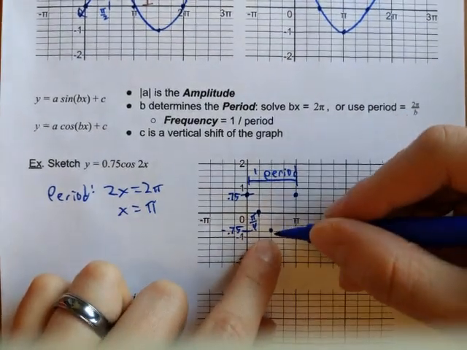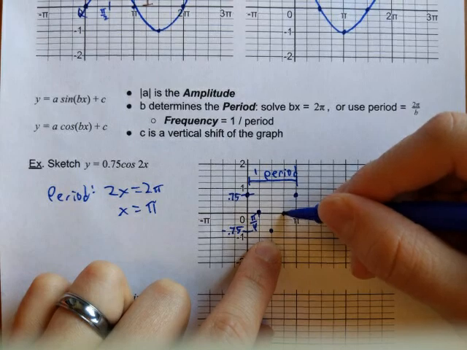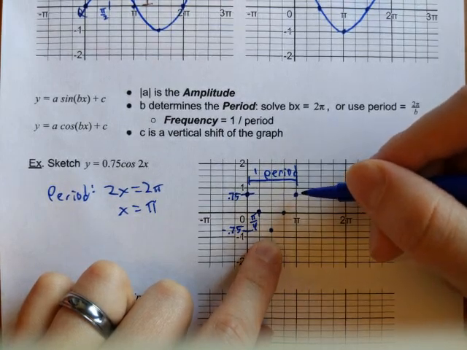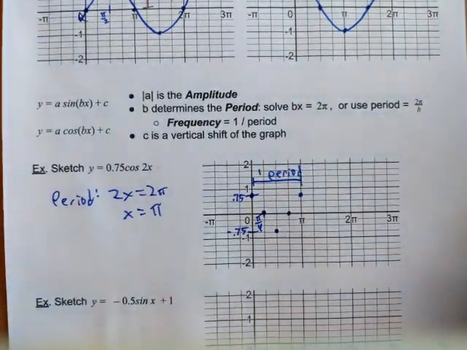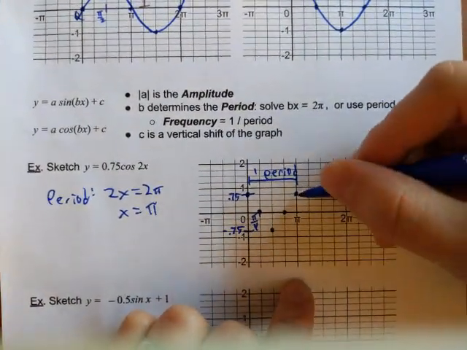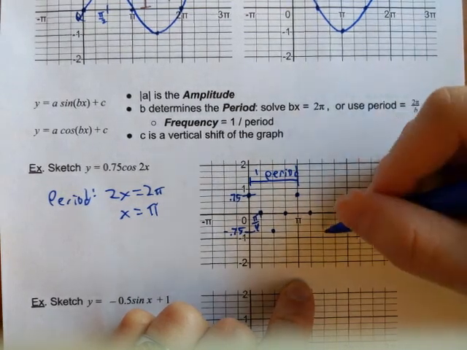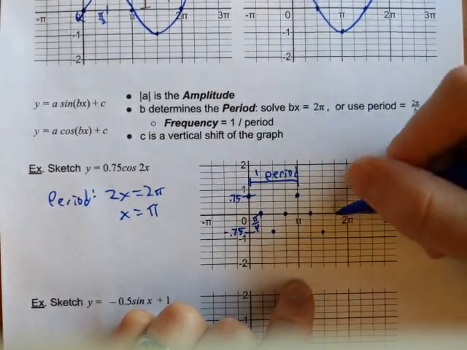All right, and so then now if we're at the bottom of the graph, the only place we have to go is up. So now we go back to 0, and then we're right there. So that's one full period of the graph. If you needed to sketch more periods, you would just keep going that same pattern. At the top of the graph, we go to the middle there, and then down to the bottom, and then back up.